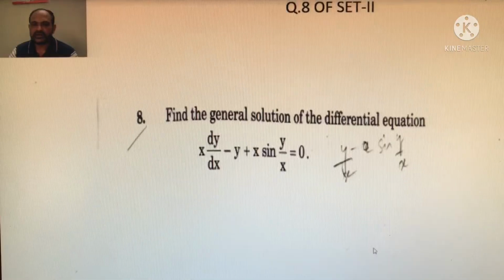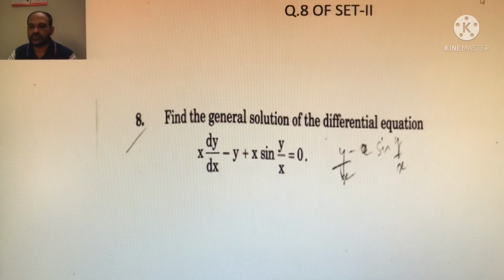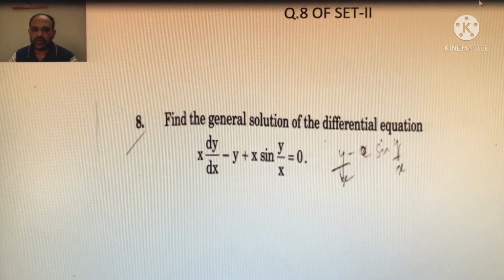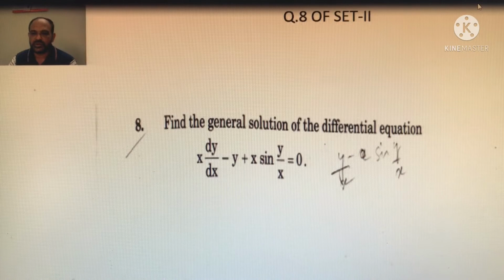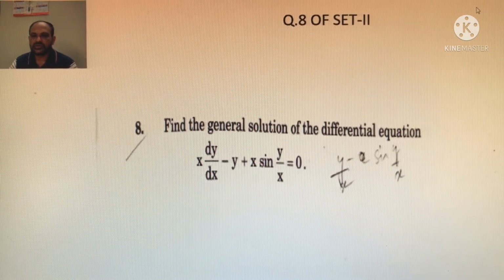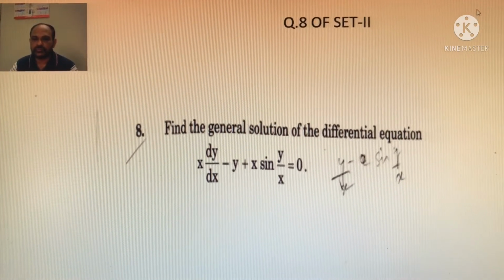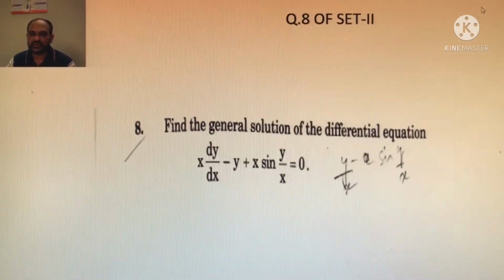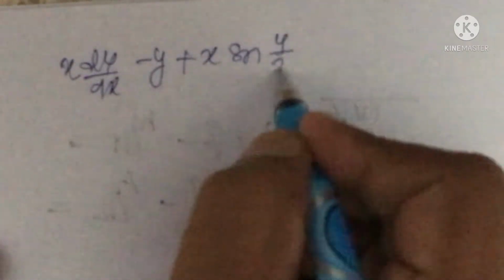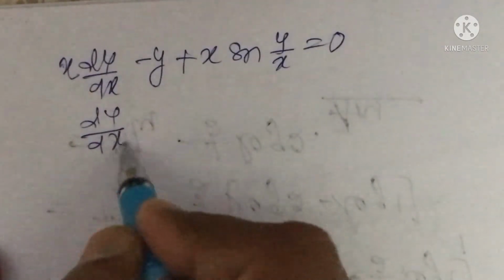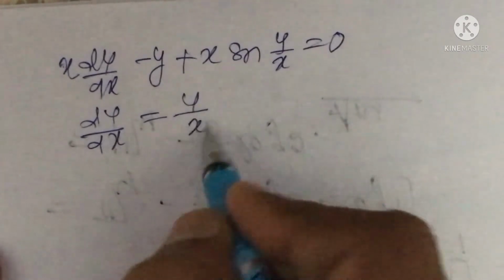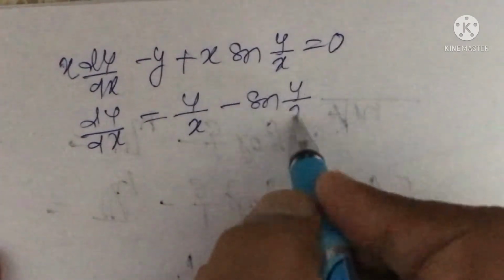This is the answer. Next one is, find the general solution of the differential equation x dy by dx minus y plus x sin y by x is equal to 0, which is question number 8 of set 2. The solution is: x dy by dx minus y plus x sin y by x is equal to 0, or we can get dy by dx is equal to y by x minus sin y by x.